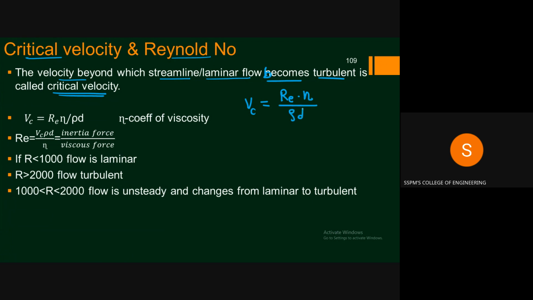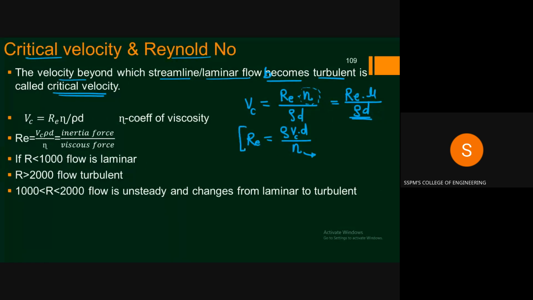Sometimes the symbol for viscosity is given as mu, so it will be Re mu upon rho d. From this we can write the Reynolds number as Re is equal to rho v d upon the viscosity, with v being Vc. This viscosity is basically the dynamic viscosity.